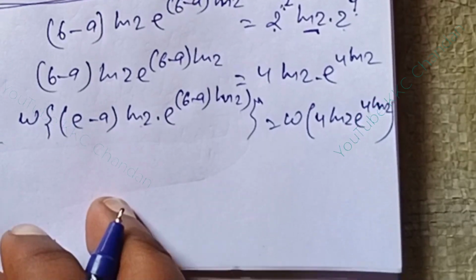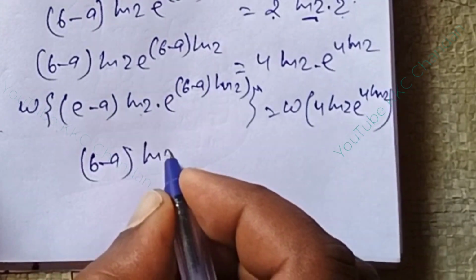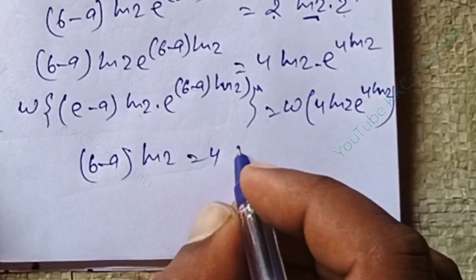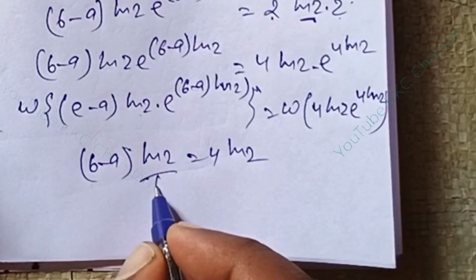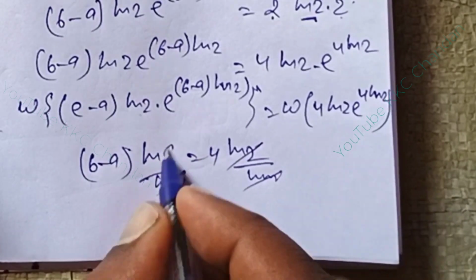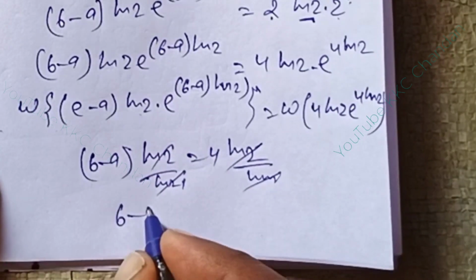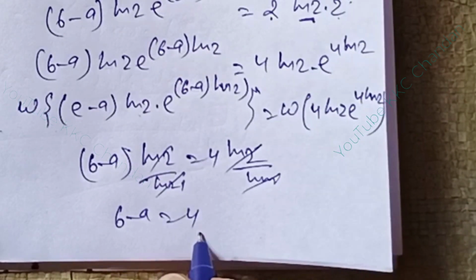In the next step, 6 minus a into ln 2 is equal to 4 ln 2. Both sides divided by ln 2. Here ln 2 cancels, leaving 6 minus a is equal to 4.